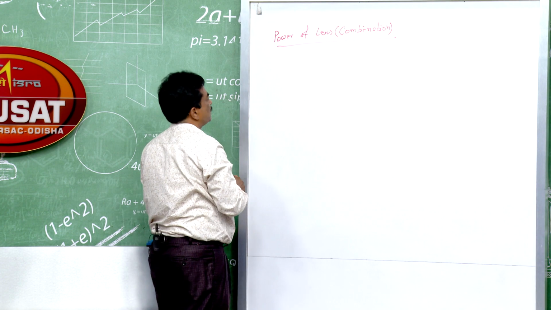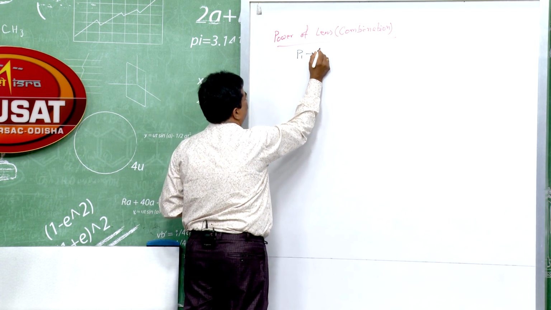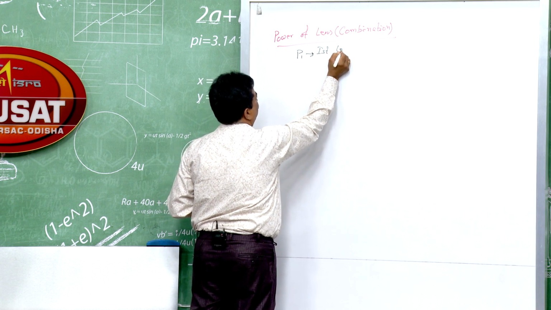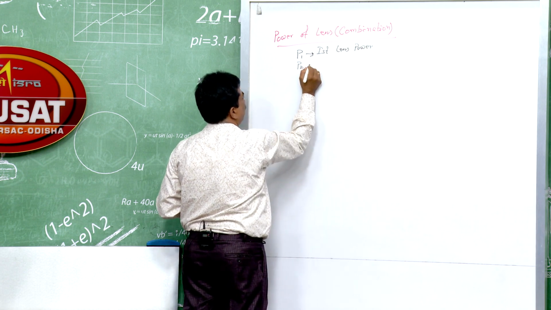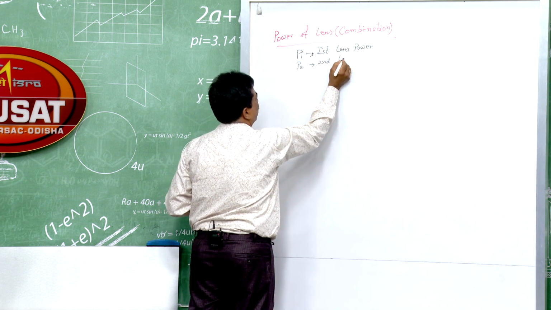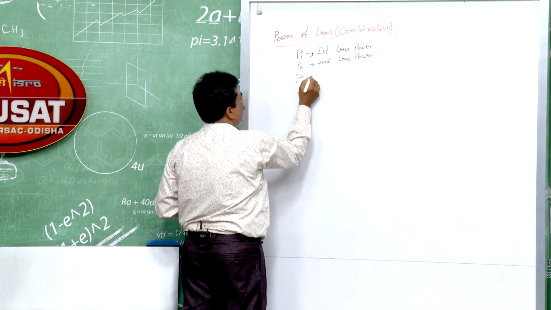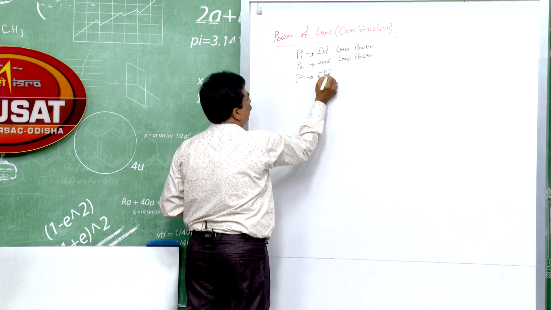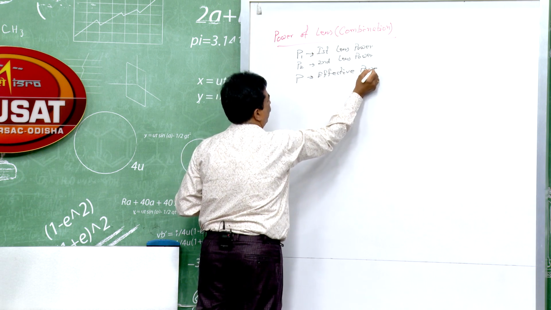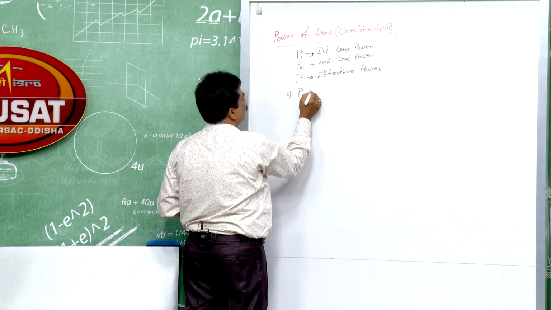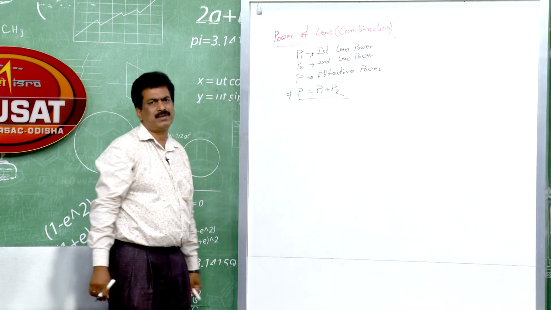If the two lenses are combined together, suppose the first lens has power P1, that is the first lens power, and P2 is the second lens power. Then if P is the effective power, P is equal to P1 plus P2. Up to this we discussed in our last class.